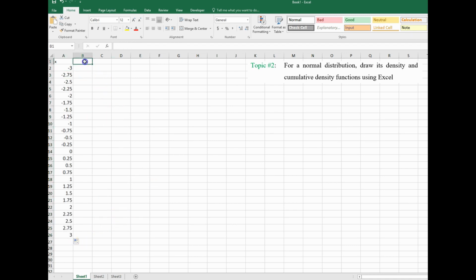Then the first one is density. For the density function we use NORM.S.DIST. S stands for standard. The first input value is X, the second one is whether it's cumulative or not. So we enter X. We are going to draw the density function, so it's FALSE.